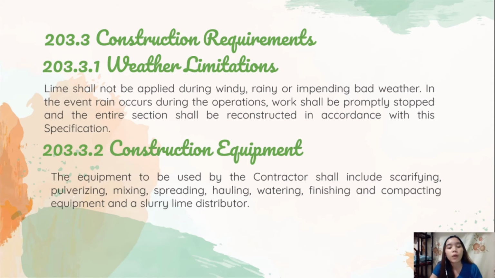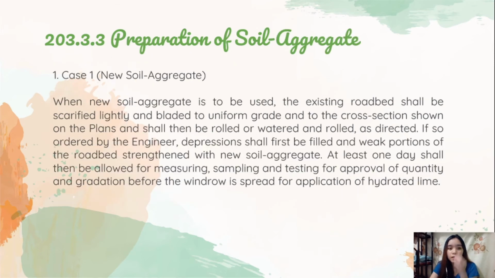So the operators should be experienced with the equipment. Then preparation of soil aggregates. It has two cases. First case is the new soil aggregate. When new soil aggregate is to be used, the existing roadbed shall be scarified lightly and bladed to uniform grade and to the cross-section shown on the plans and shall then be rolled or watered and rolled as directed.